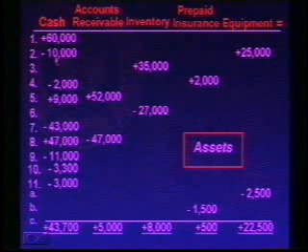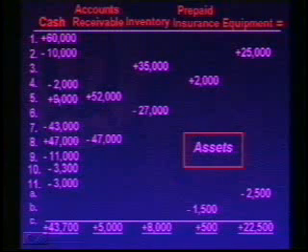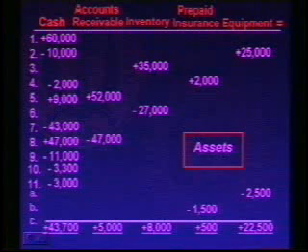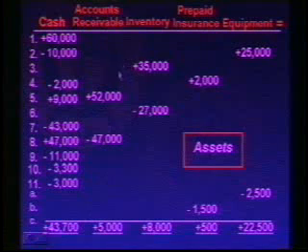Then we paid $10,000 for some of the equipment. And then we paid for some insurance, $2,000. Then we received money when we sold some goods, and then all the way down. At the end of the year, what's the ending balance in cash? Bottom row, $43,700.